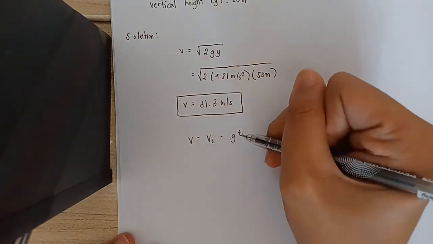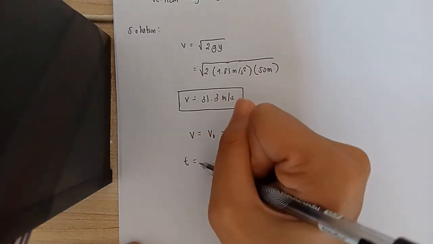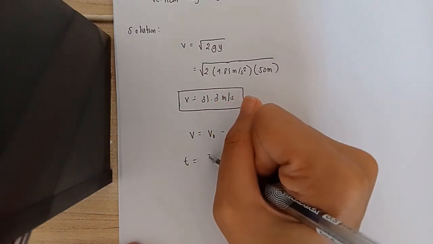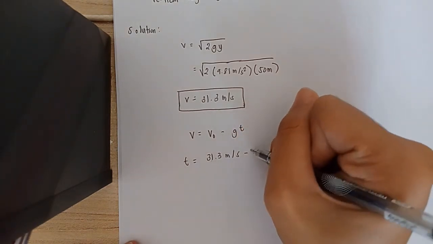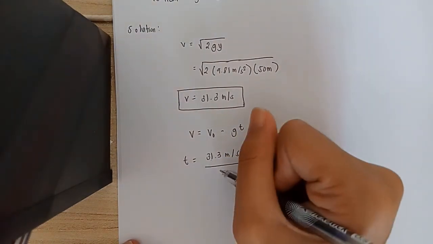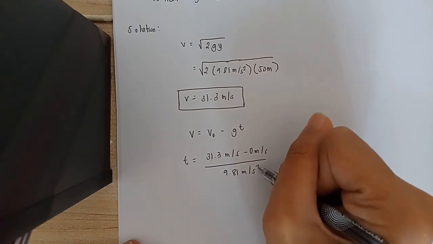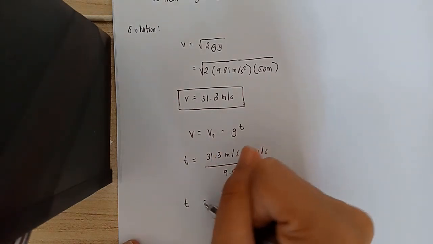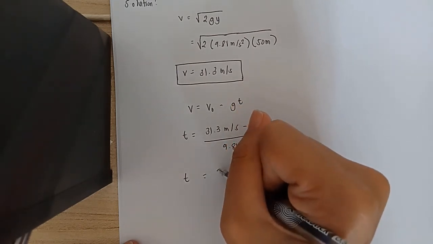Next, we will solve for the time, so that can be seen in the formulas flashed kanina. So deriving the formula, we get v minus v0 all over 9.81 meters per second squared.